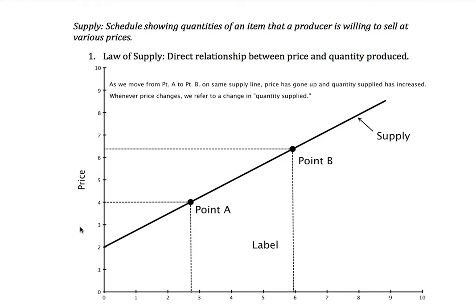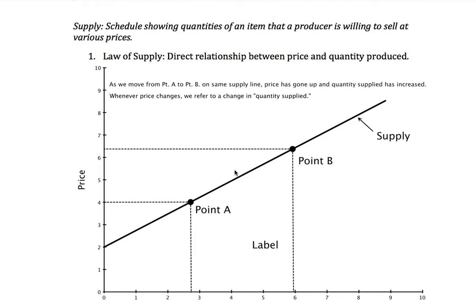You're going to increase production. So we go from point A to point B on the original supply line, right? What's going to happen? Quantity supplied will increase. So there's a direct relationship between price and quantity supplied.